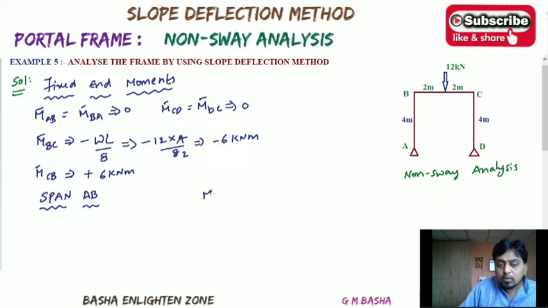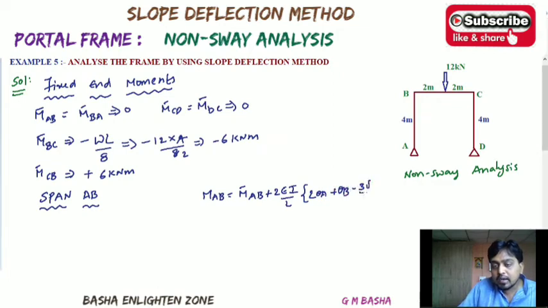MAB will be equal to M bar AB plus 2EI by L into 2 theta A plus theta B minus 3 delta by L. If sinking of the supports is given, then only this delta will be considered. Otherwise, it will be 0. So this is the standard slope deflection equation. When will this equation be obtained? This equation will be obtained when the far end conditions are fixed.